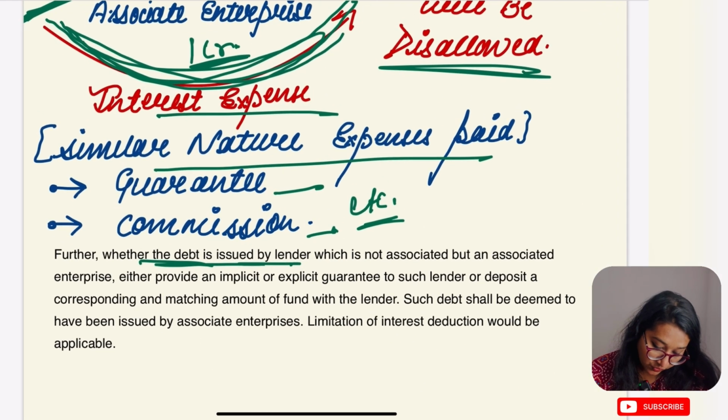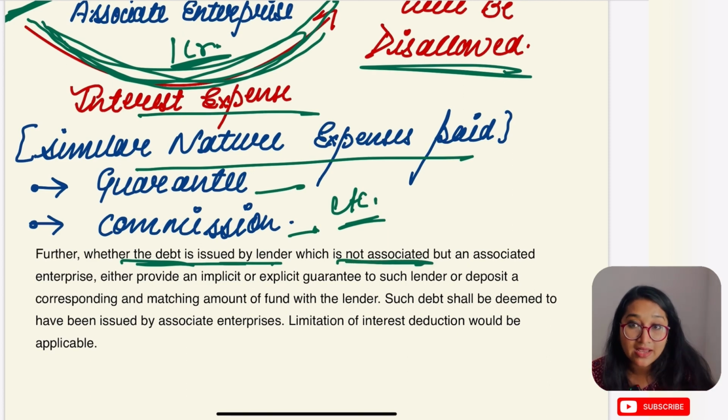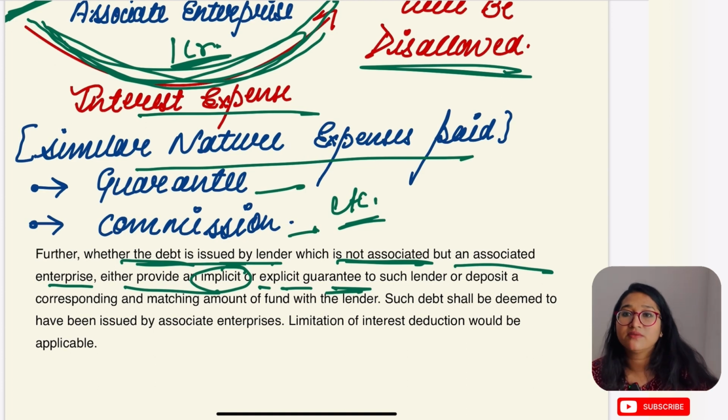It says that further, the debt is issued by a lender which is not an associate enterprise, but in this condition the associate enterprise provides either an implicit or explicit guarantee. There is again a second thing written in this para, so let me specify things up to this, up to guarantee.